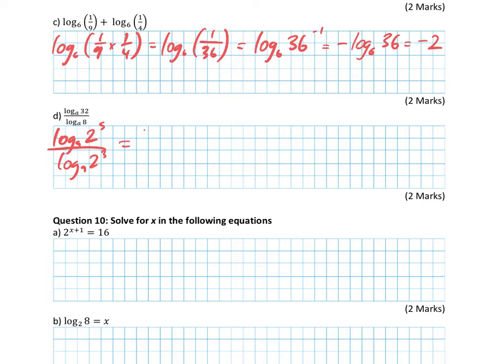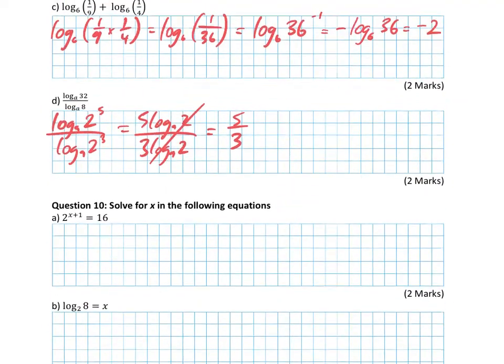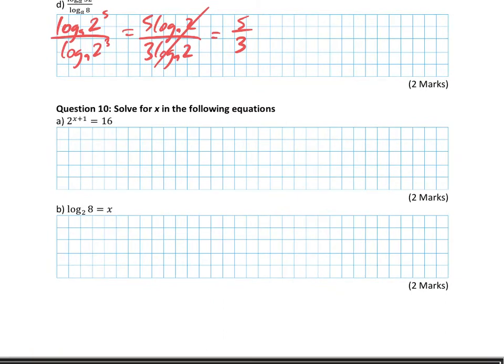The power can go at the front, 5 log a 2 over 3 log a 2. Log a 2 cancels out, so you're going to end up with 5 on 3. If I did it any other way, I wouldn't have got rid of the log, so that is the simplest form that I can get that to.